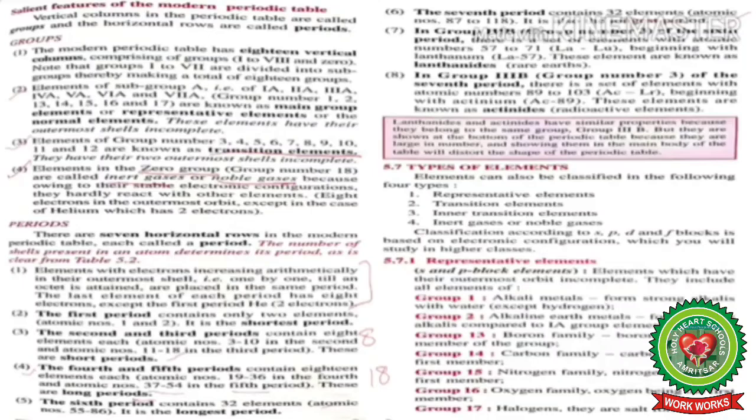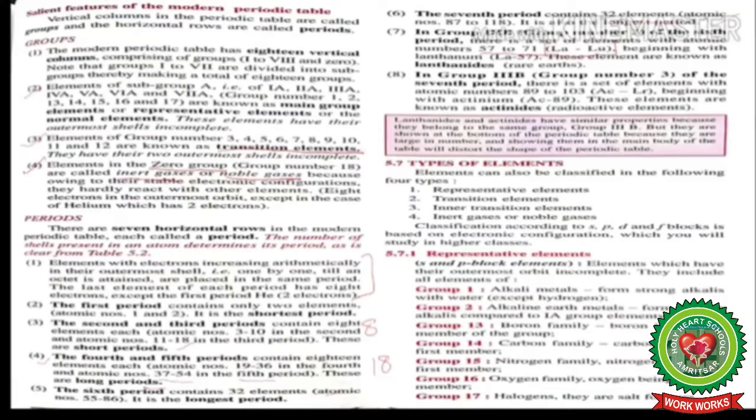In group 3B, group number 3 of the sixth period, there is a set of elements with the atomic numbers 57 to 71, that is lanthanum to lutetium, beginning with lanthanum, that is La 57. These elements are known as lanthanides, or rare earths.